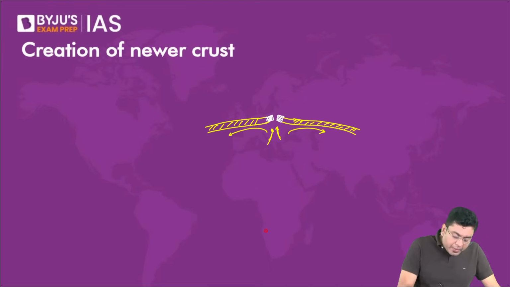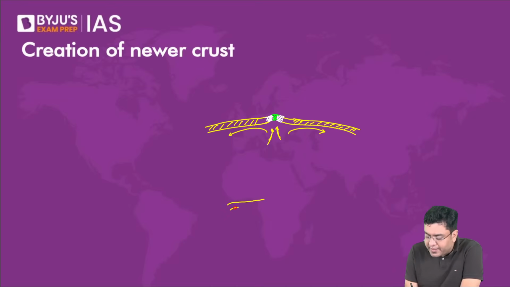Now again, newer materials will come up, and those newer materials will solidify here, isn't it? Again, after some time, what will you have? You will have a condition where the older ones are then pushed aside because of that convection current that you see. So you will have a situation where the older ones are continuously pushed to the side.